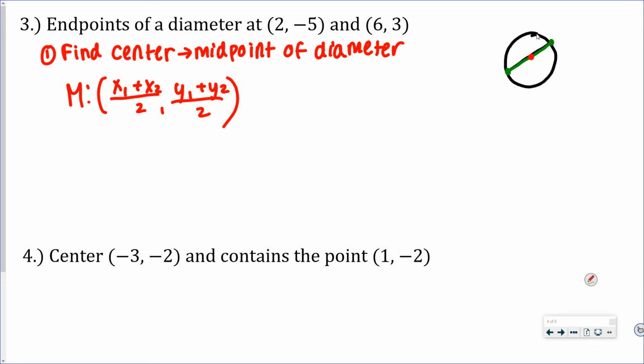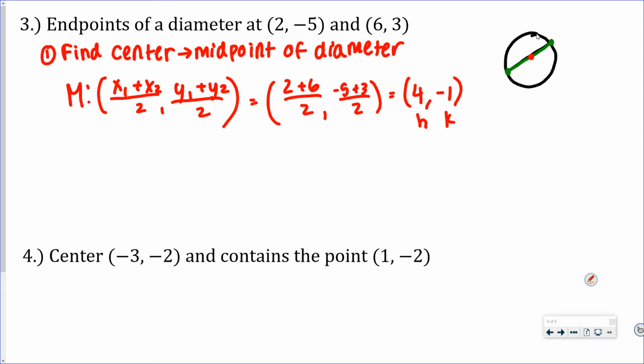Point, meaning your answer should come out as an ordered pair in parentheses. All right, so halfway between my x coordinates, 2 plus 6 is 8, divided by 2 is 4. Halfway between the y coordinates, -5 plus 3 is -2, divided by 2, -1. There's your HK. There's your center.